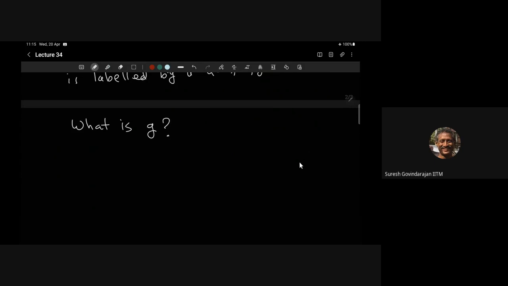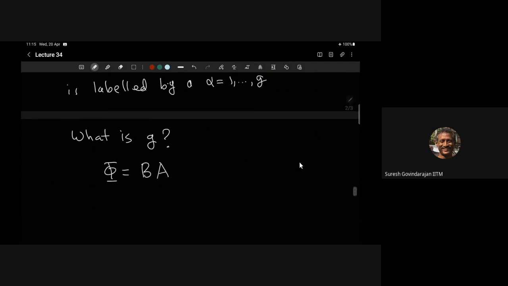I'll give you an answer which is different from what is there in the problem set that I have given. So you let phi, which is B times the area. B is the magnetic field and this is a cross-sectional area, so that's the flux. So this is equal to the total magnetic flux through the sample.